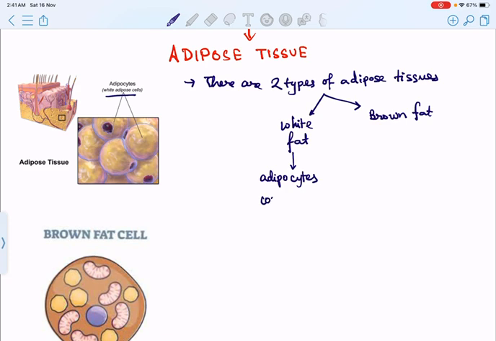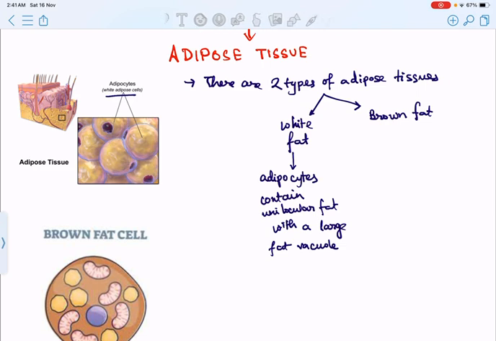Adipocytes contain unilocular fat with a large fat vacuole. So as you can see here, there is a large fat vacuole which is present. This is the nucleus of the cell. So this is a white adipose tissue.